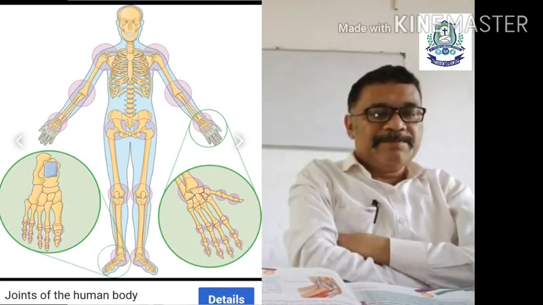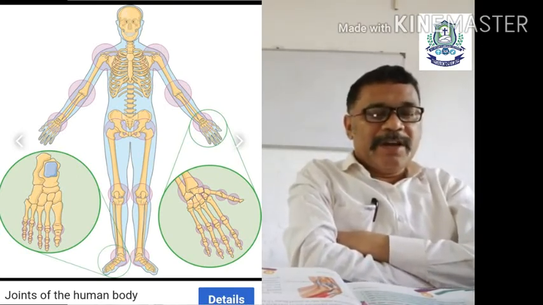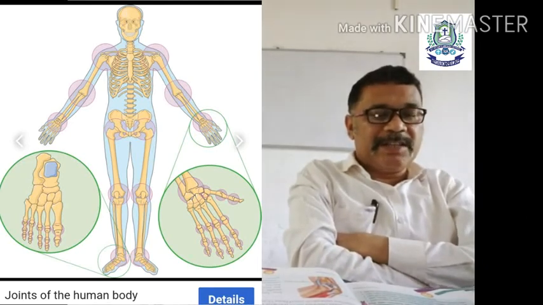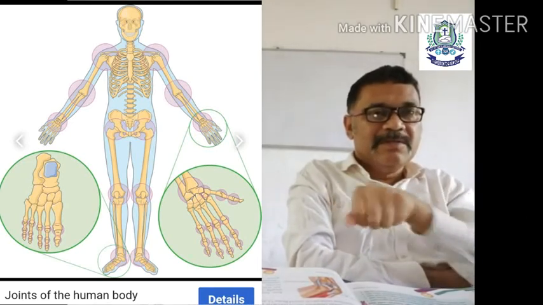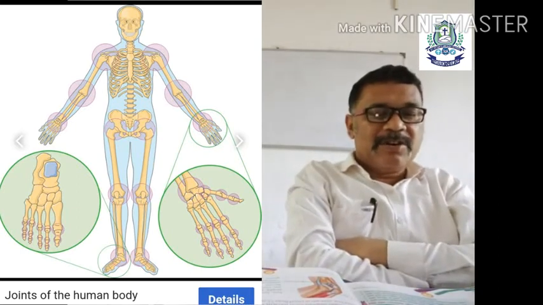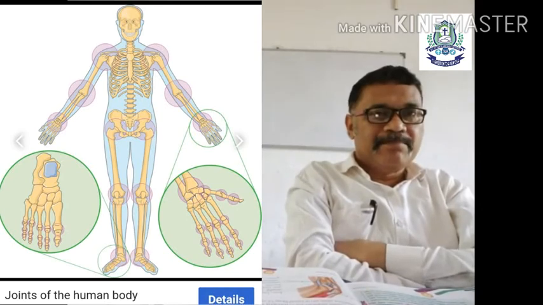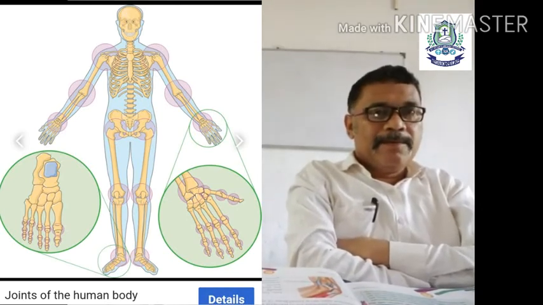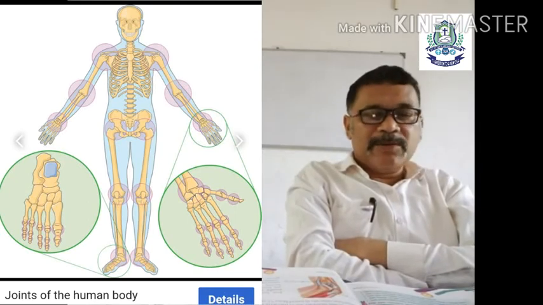Next is gliding joint. In this joint, bones can slide over each other. That is, the wrist and ankle joints are called gliding joints. Okay. So this is about the joints.